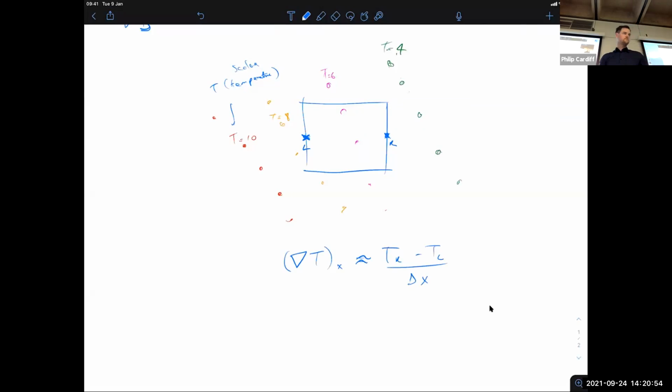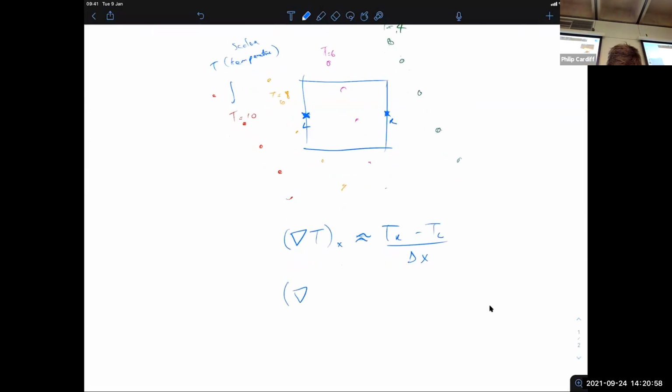Okay, so just look at how much it changes. And equally, I can define the gradient of the temperature in the y to be maybe the temperature at the top minus the temperature at the bottom. So T top minus T bottom over delta y.